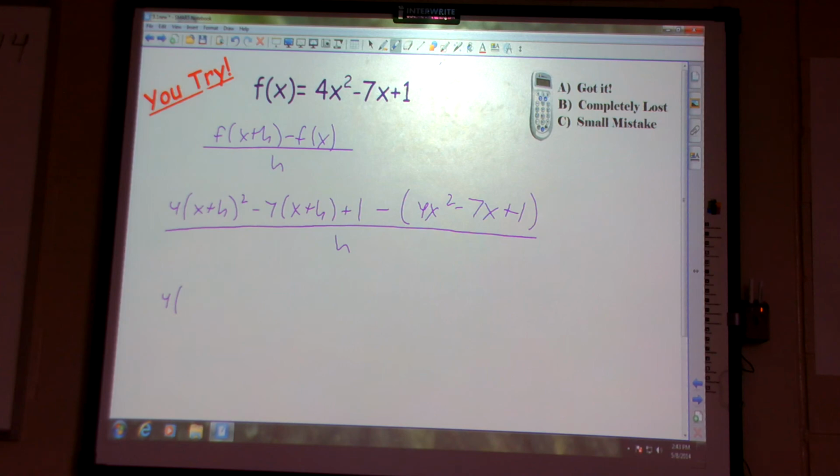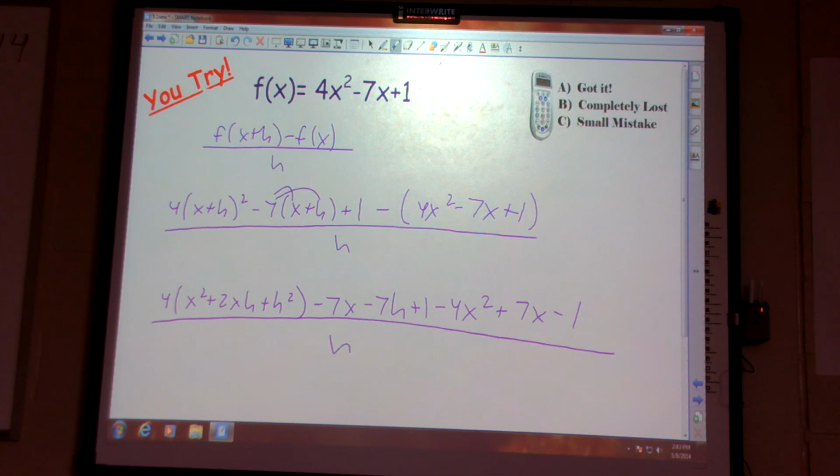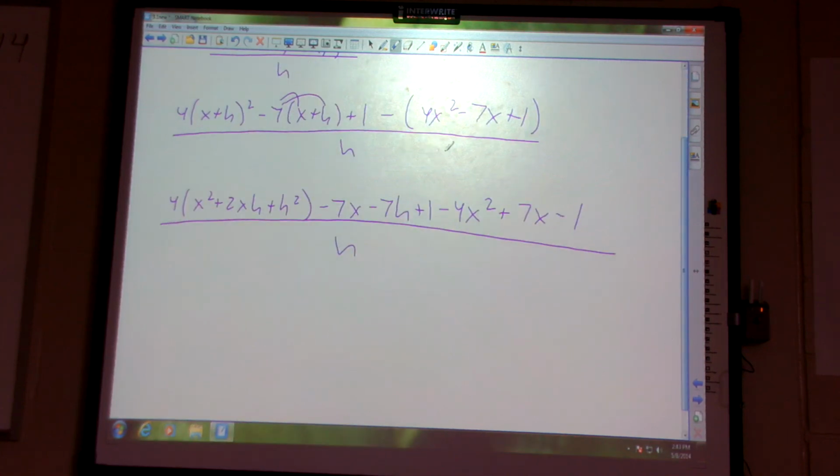So I have 4 times x squared plus 2xh plus h squared, distribute, minus 7x minus 7h plus 1 minus 4x squared plus 7x minus 1 all over h. I can cancel a little. I can get rid of my 1's, my 7x's. Now I need to distribute.